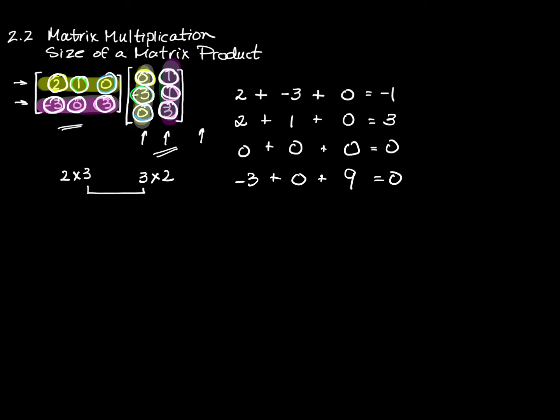We haven't talked about where these numbers should go, so I'm going to do that now as well. Remember that we got the first number by multiplying the first row in the first matrix by the first column in the second matrix. The second number, the 3, we got by multiplying the first row by the second column. Then we multiplied the second row by the first column and the second row by the second column.